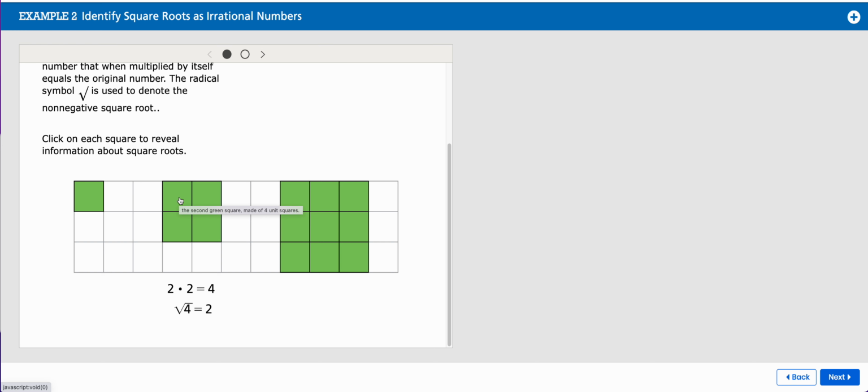And then if we work that backwards, the square root of 4 is 2. Okay? And then here, think about this square number, if I take 3 times 3, that's 3 squared, right? 3 squared is 9. And so if I do that backwards, the square root of 9 is 3.